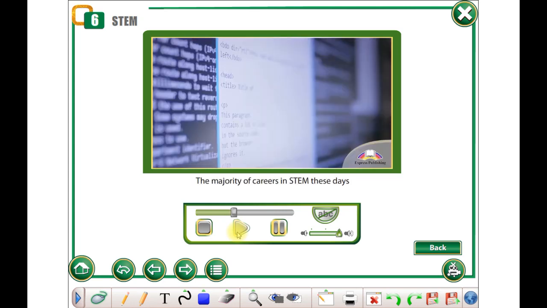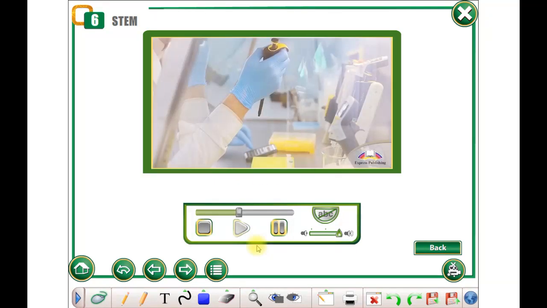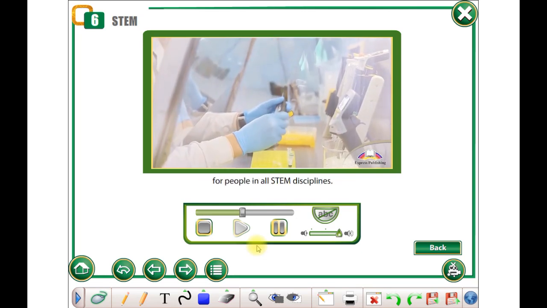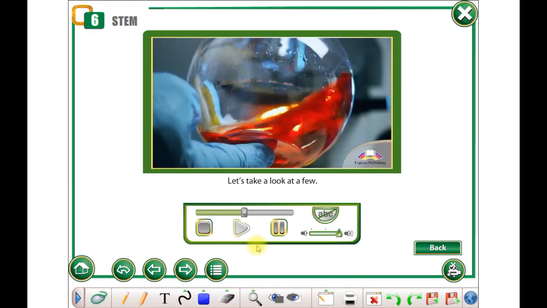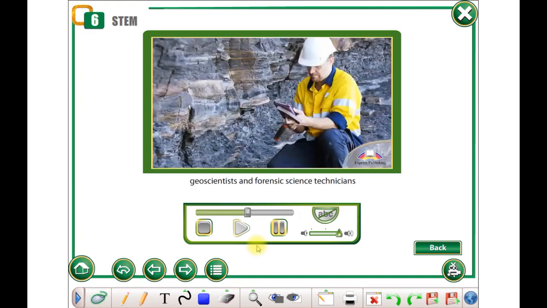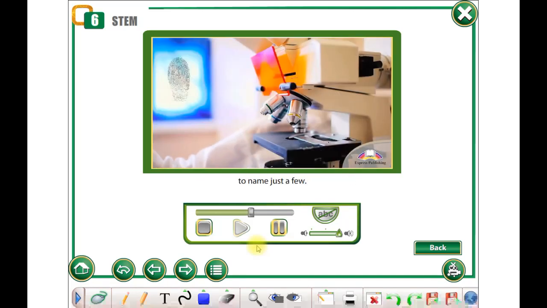The majority of careers in STEM these days are in computer occupations and in engineering. However, there are lots of employment opportunities for people in all STEM disciplines. Let's take a look at a few. In science, there are biochemists, geoscientists, and forensic science technicians, to name just a few.